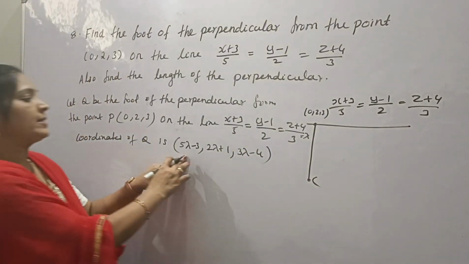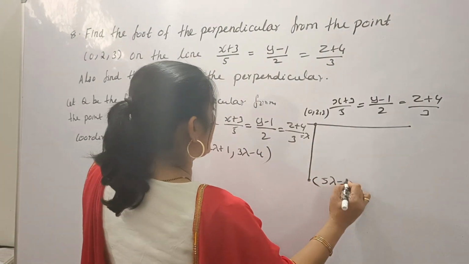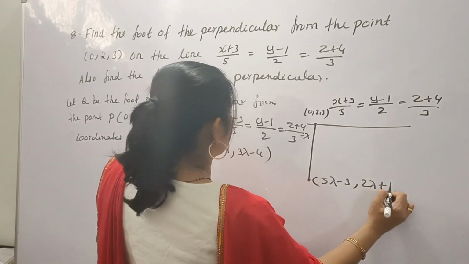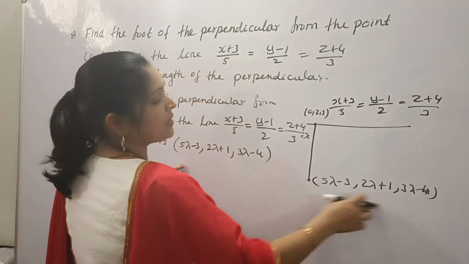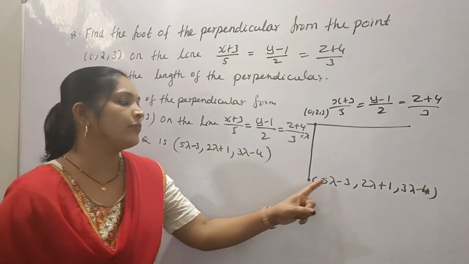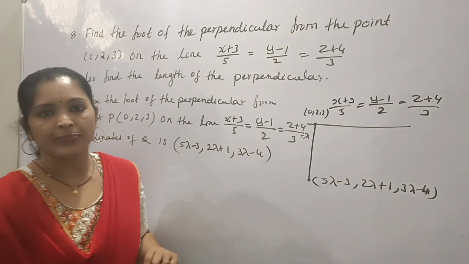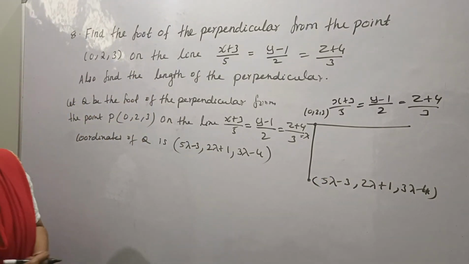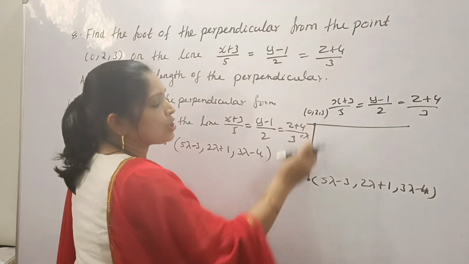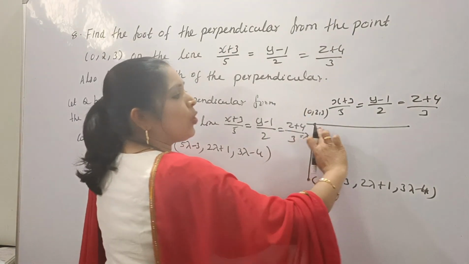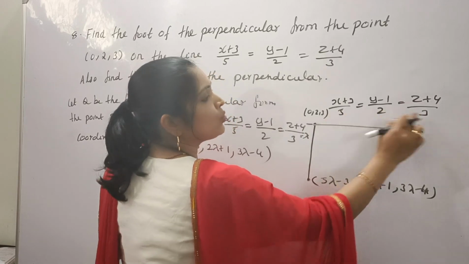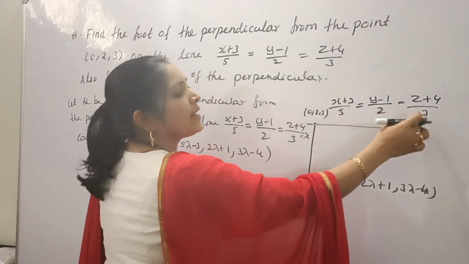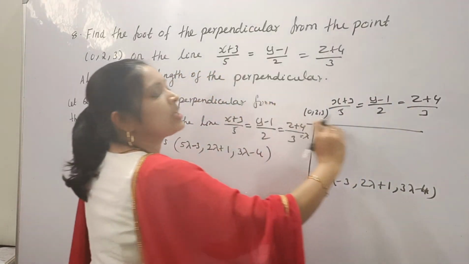So it is the point (5 lambda minus 3, 2 lambda plus 1, 3 lambda minus 4). We have to find this point, so for that we need to find the value of lambda. Let's find the direction ratios of this line. The direction ratios of this line are 5, 2, 3.